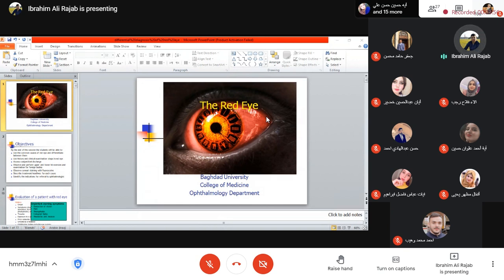You should refer the patient to an ophthalmologist to search for a certain vision-threatening disease. For example, if the patient presents with pain, reduced vision, I mean blurred vision, headache and nausea, vomiting, halos, the patient may have an attack of acute angle closure glaucoma. So you should not pass these symptoms as simple.